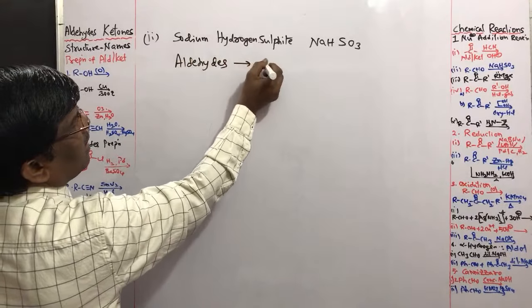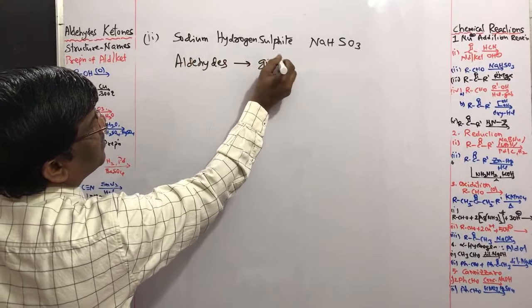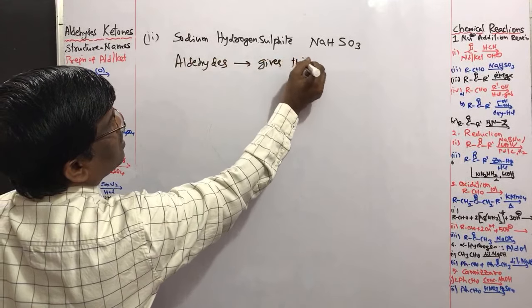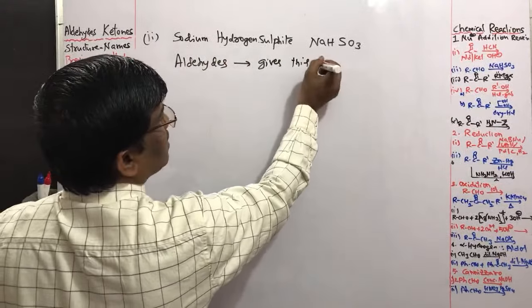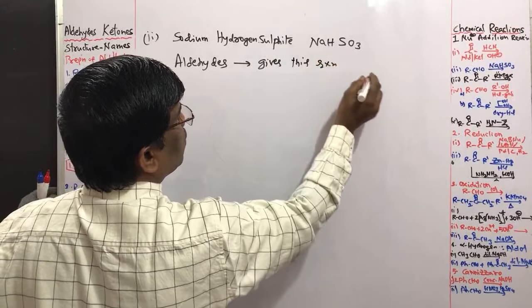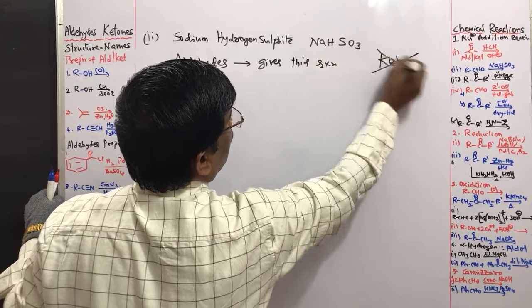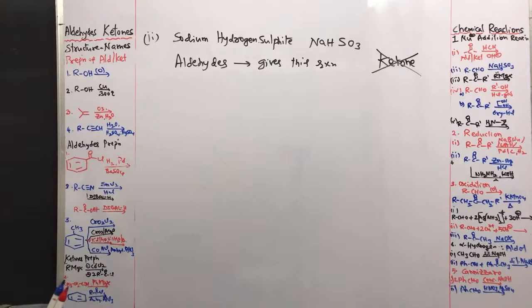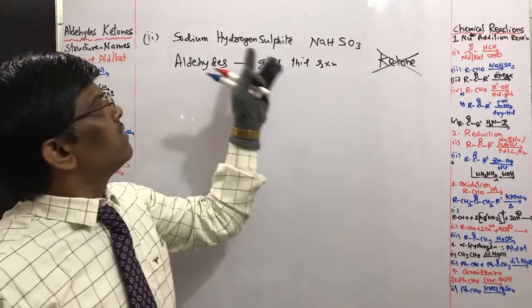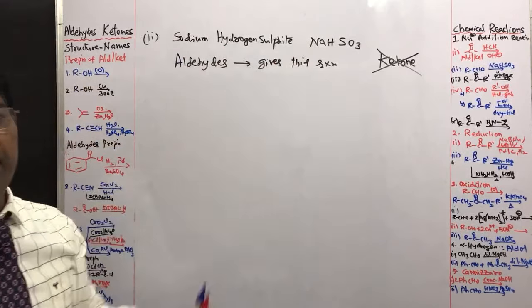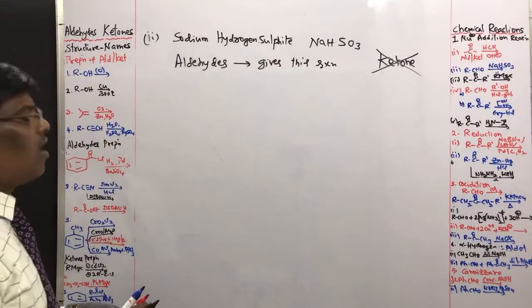Aldehydes give this reaction. Ketones are reluctant, ketones won't give it, right? So by following this sodium hydrogen sulfite method, you can purify the aldehydes.